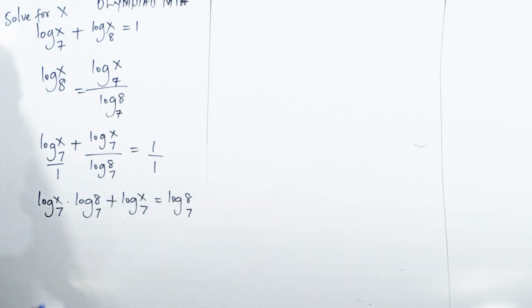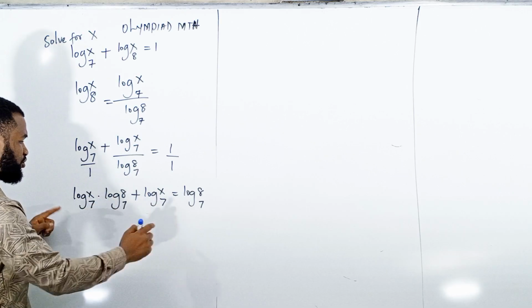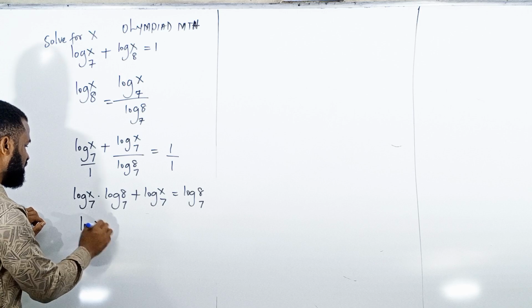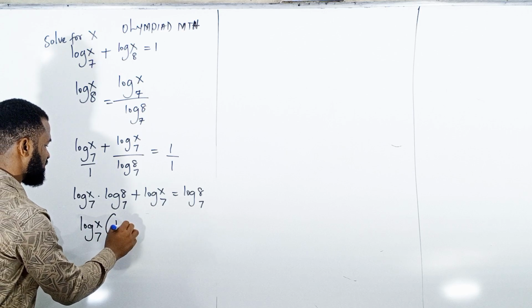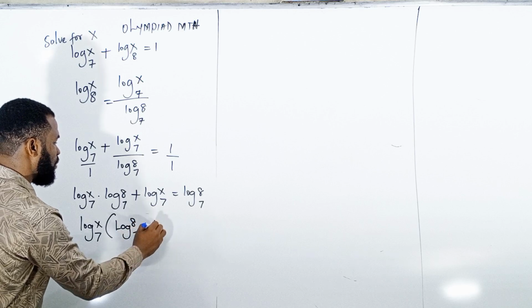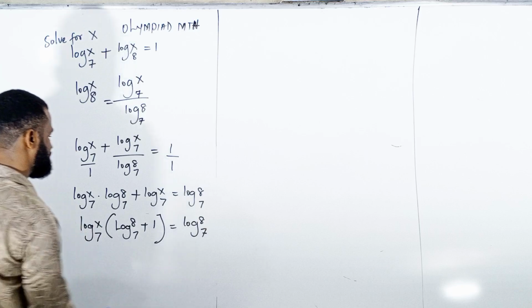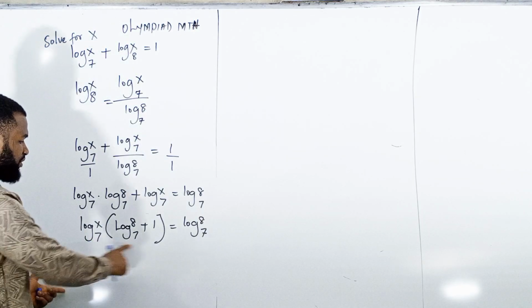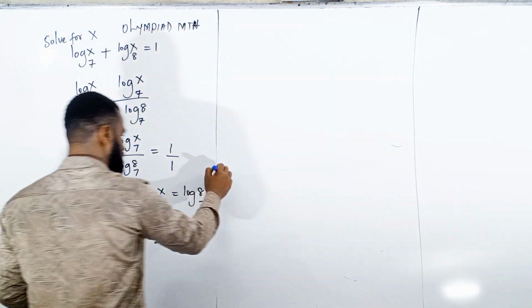Then the next thing I'm going to do is factor out log x base 7, which is here and here. I have log x base 7, all bracket, log 8 base 7 plus 1 is equal to log 8 base 7. So I am going to divide both sides by log 8 base 7 plus 1. So let me do it here.